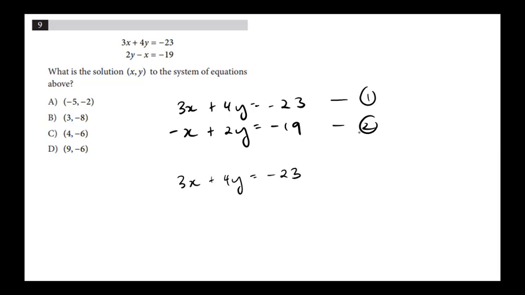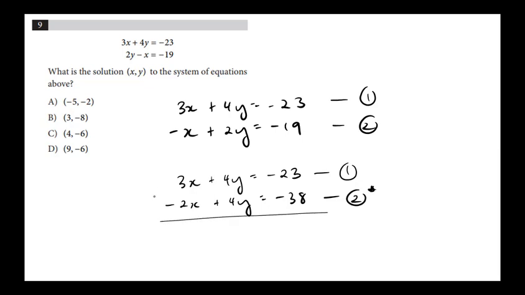Okay, so I'm going to get rid of the y's by multiplying the entire equation 2 by 2. Minus 19 times 2 is minus 38. So this is just equation 2, slightly rewritten.